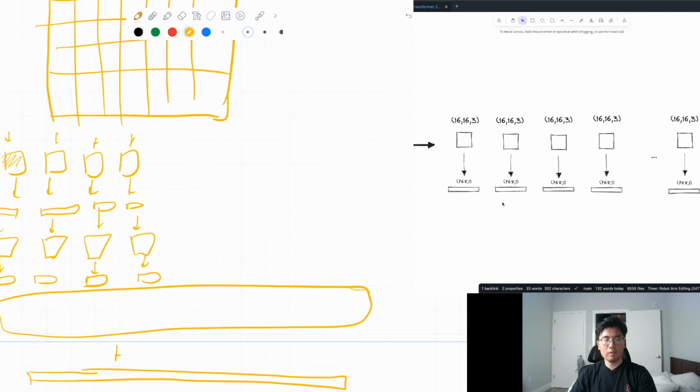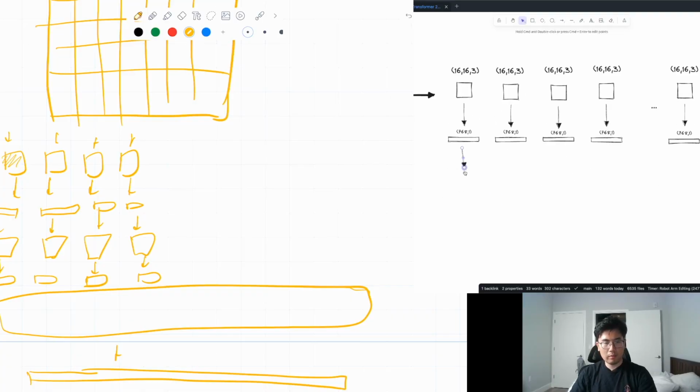And then what you're going to do is have this go through a linear projection.